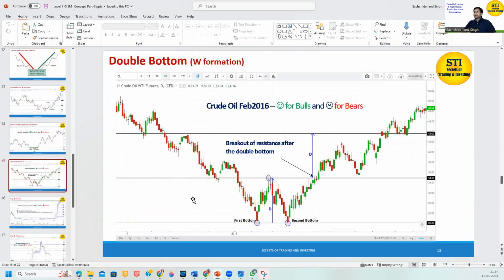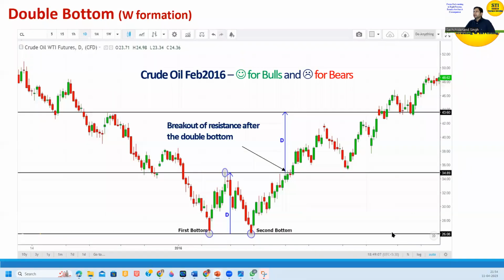Okay, moving further. The next bullish reversal chart pattern is the double bottom, also called the W formation. This kind of chart formation happens at the bottom of the chart, at the lowest point the stock has moved to.